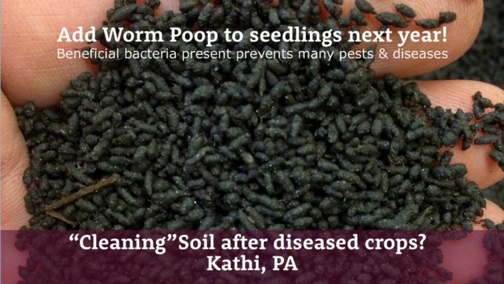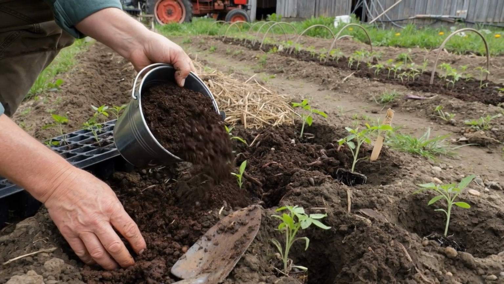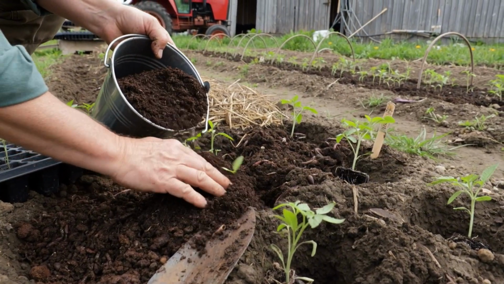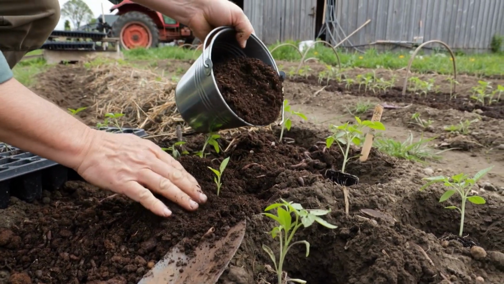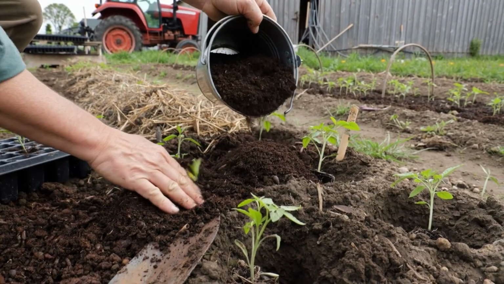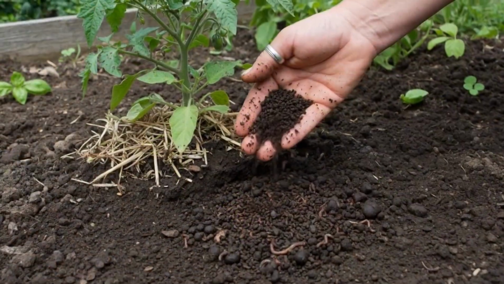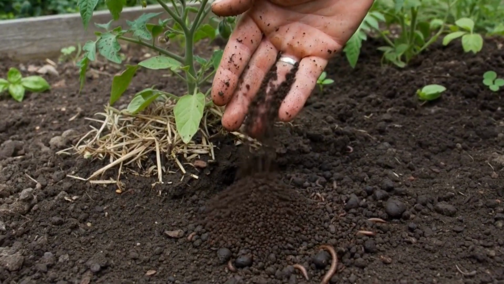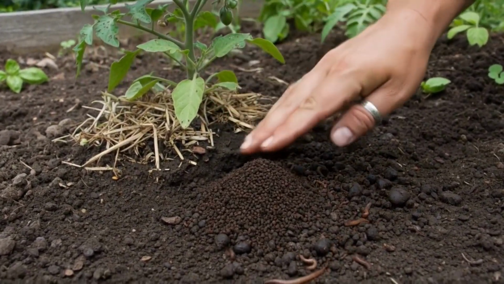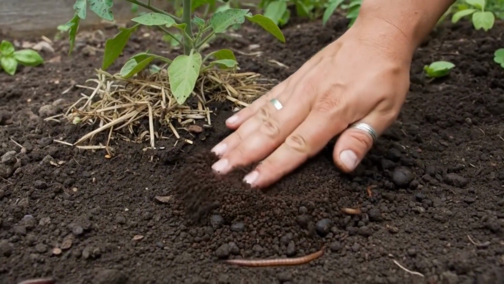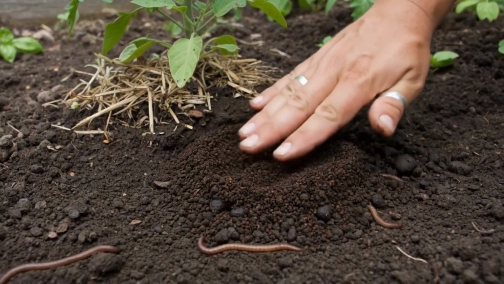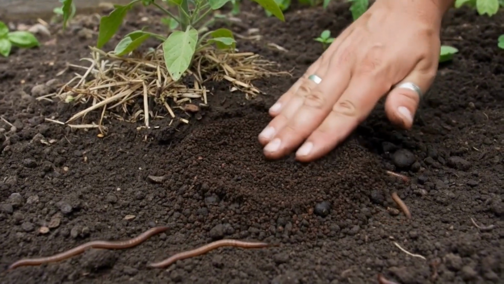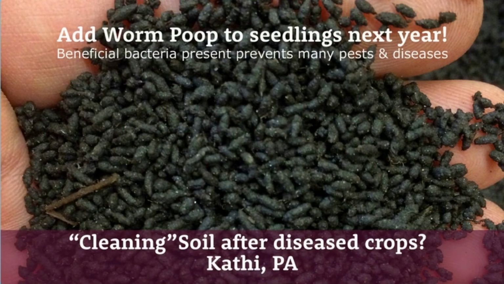The reason I say this is that when farmers did tests and added worm poop to seeds and seedlings, they found that it reduced something like 90% of the pest and disease issues that they saw in the field. So this is a super powerful thing that you can do for the health of your soil. Tons of beneficial bacteria in that worm poop. So that's something to add if you haven't before.